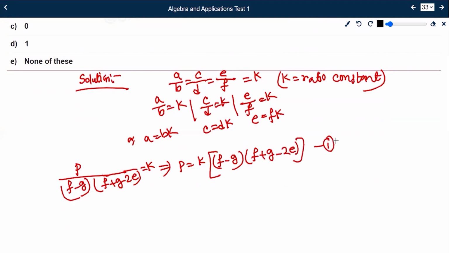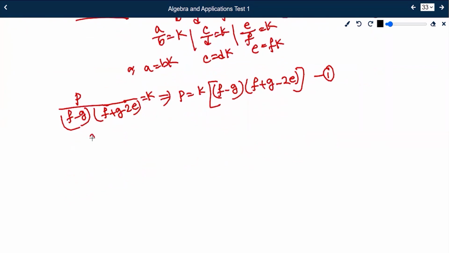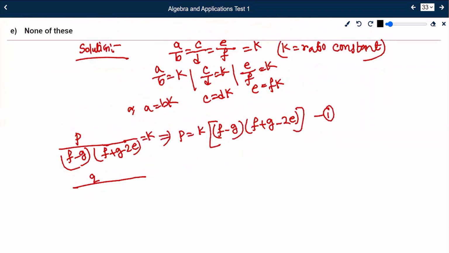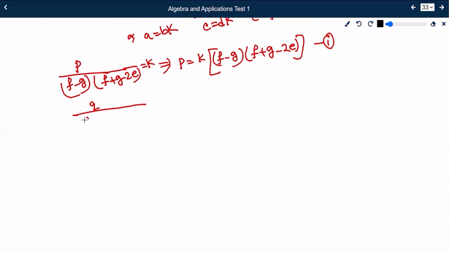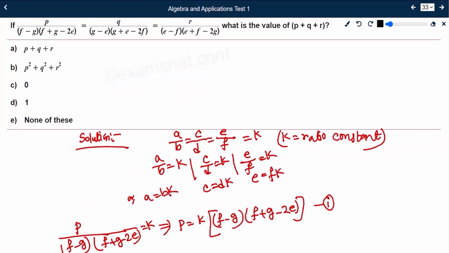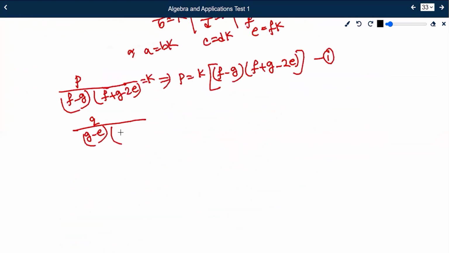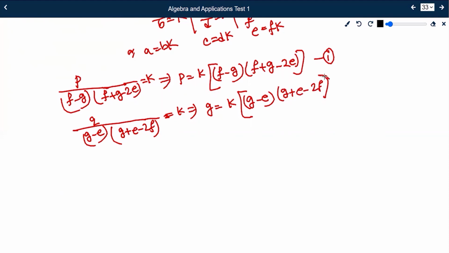Let's name it equation number 1. Next, q by (g minus e, g plus e minus 2f) equals k. So we can write q equals k multiplied by this value. Let's name it equation 2.